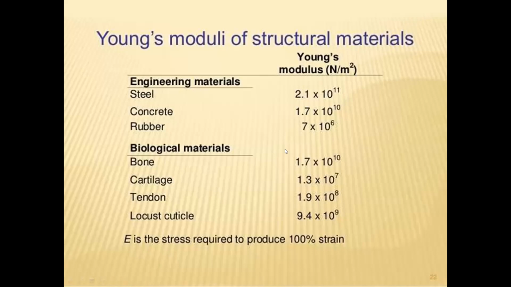Today I explain the topic strength of materials, a continuation of the last class. Next, the models of structural materials already discussed last class: steel 2.1 into 10 power of 11, concrete 1.7 into 10 power of 10, rubber 7 into 10 power of 6, and biological materials, that means bone, cartilage, tendon, 9.4 into 10 power of 9 is the stress required to produce 100% strain.